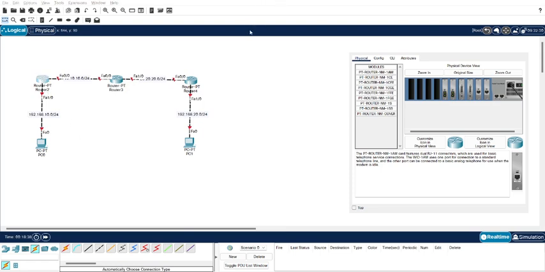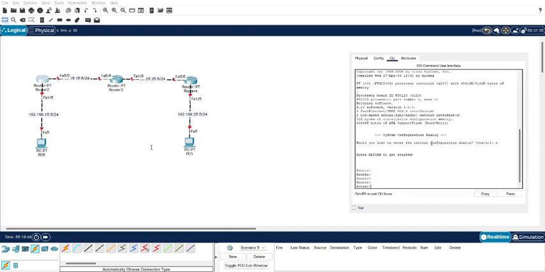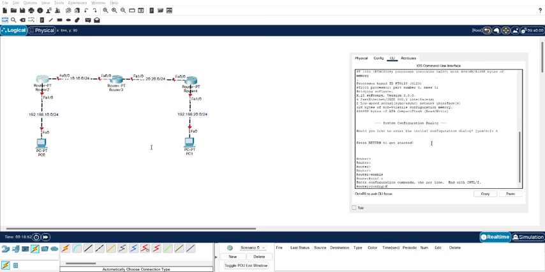For the configuration, first let's configure router 2. First, I will go to router 2 and configure it. We enable, then configure terminal. As you can see in here, there is Fast Ethernet 1 and Fast Ethernet 0.